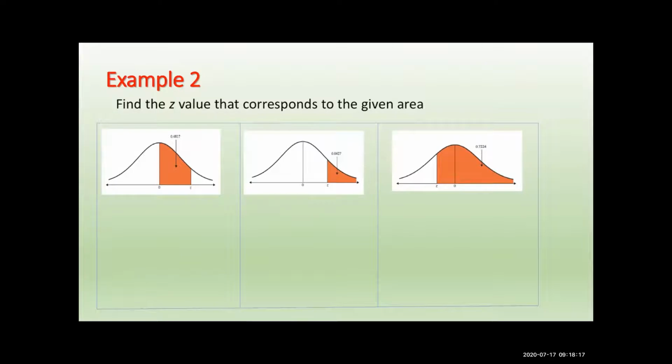Give me a second here. So here, the formula that you need to remember for your calculator to find x or z-score is equal to, we use inverse normal in our calculator.